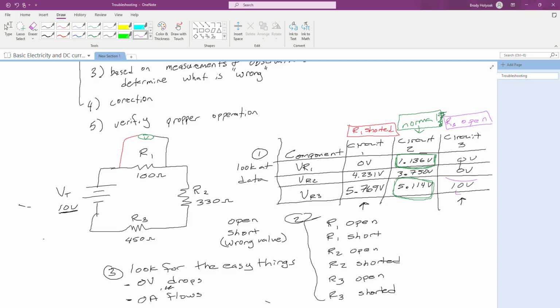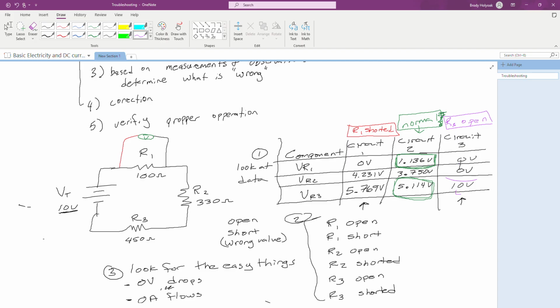Now, we could have gone through this differently as well. We could have solved R2 and just said, hey, let's compare what we did. We could have solved the whole circuit right off the back and said, okay, what voltages do I have based on what I'm given? And that would have quickly determined that normal was circuit 2. And then we would have definitely seen that say, hey, wait a minute, R1 is definitely a problem. Circuit 1 definitely has a problem because there's no voltage across R1.